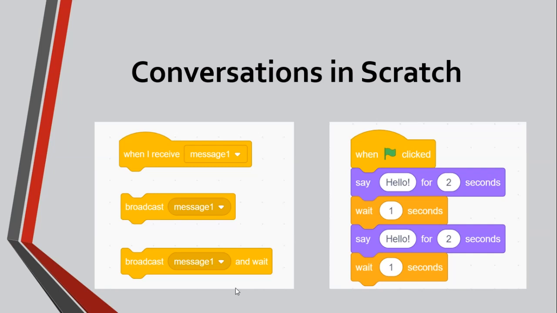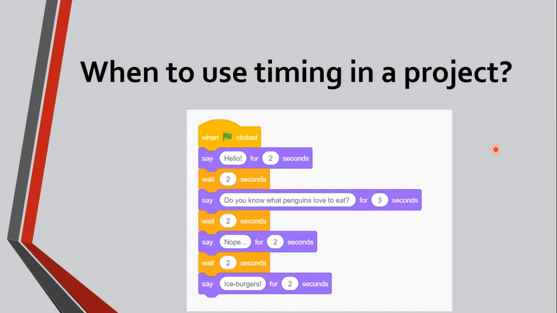I'm going to show an example, then I'll switch us to the Scratch platform so that you're able to understand what I'm talking about. Normally when people are having a conversation, one person talks, then the other person is listening, and then that person who is listening gets a chance to respond or to speak out their mind.